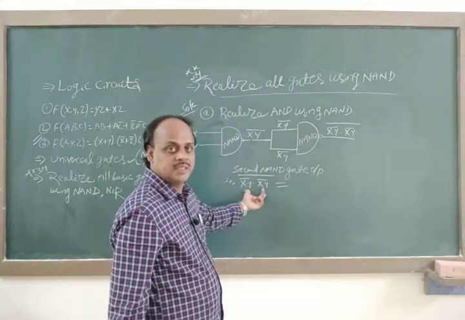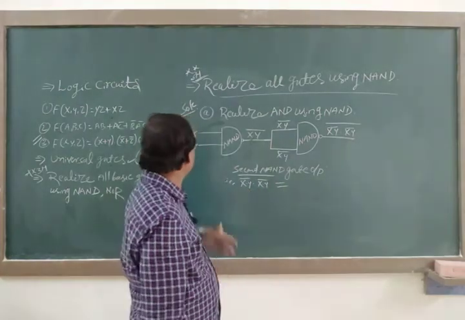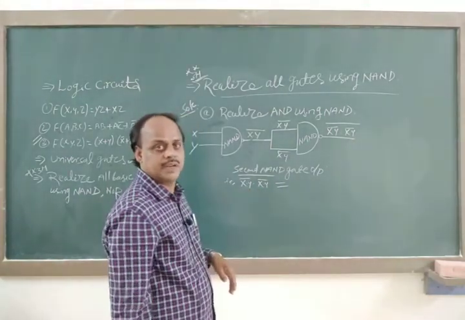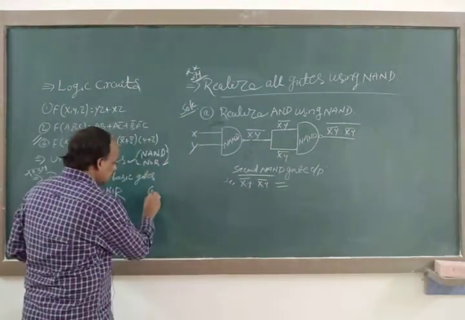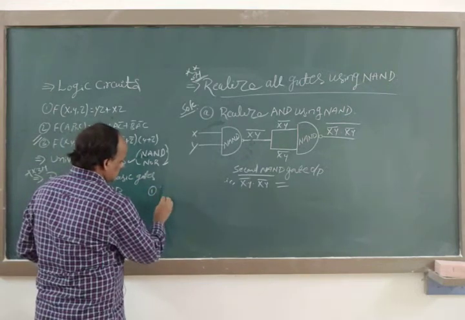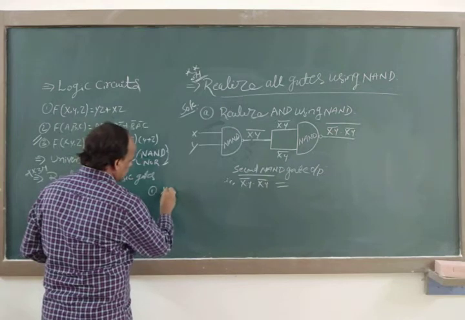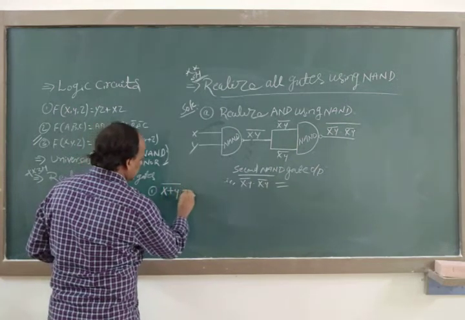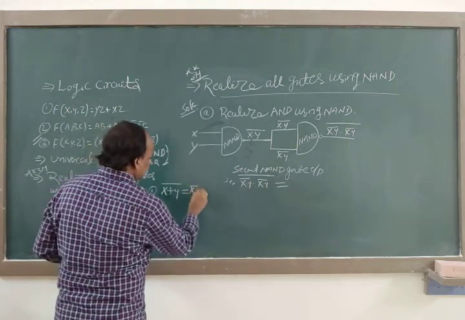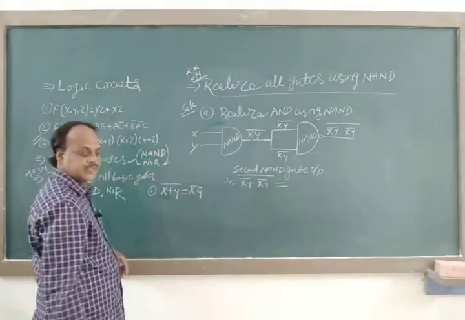To simplify this, we have to use De Morgan's theorem. The first theorem: x plus y whole bar is equal to x bar into y bar. This is De Morgan's first theorem.